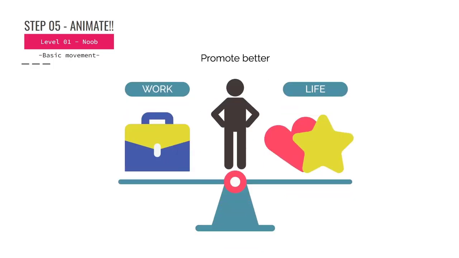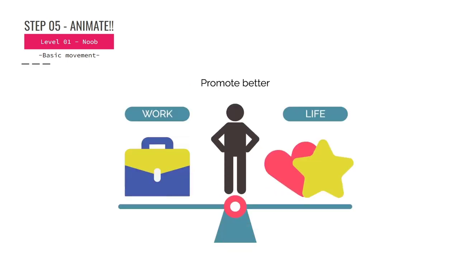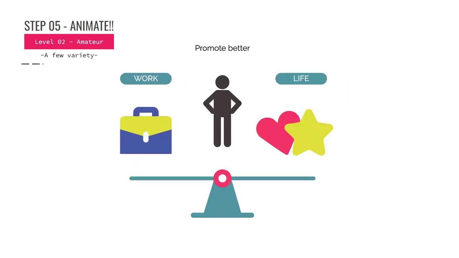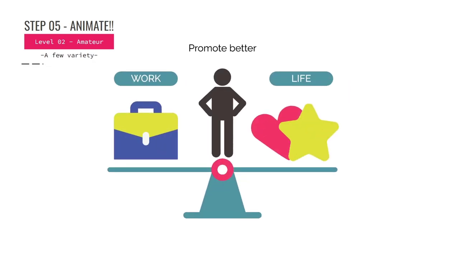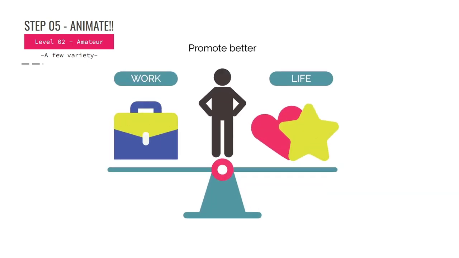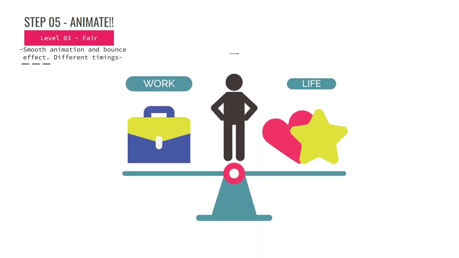The first one is noob level, which is just like a PowerPoint presentation animation. Then the second one is where each of the elements starts to pop up. And then the third one is where each element on it starts to pop up.